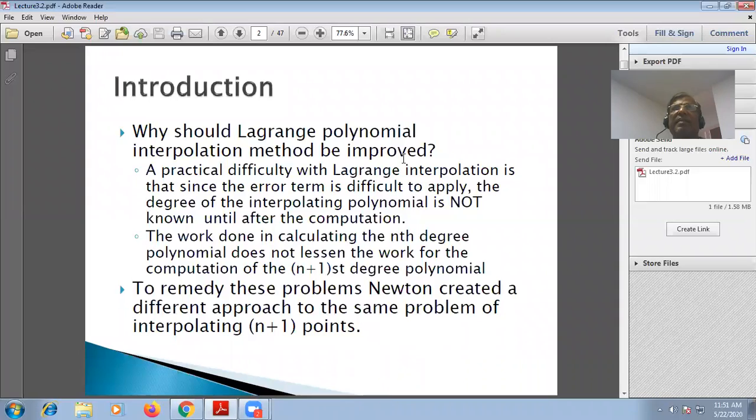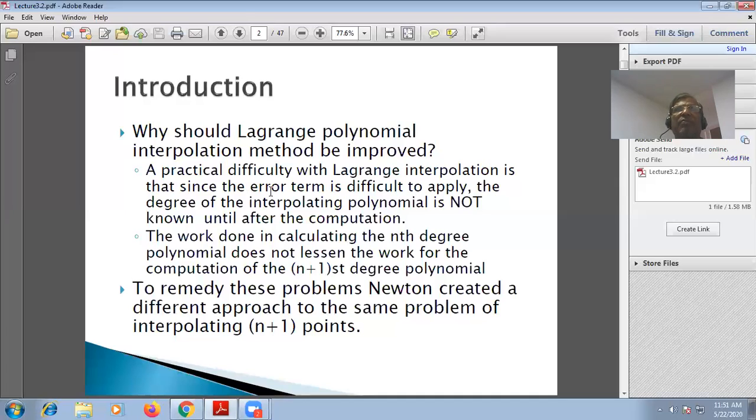The fact is, a practical difficulty with Lagrange's interpolation is that the error term is difficult to apply. The error term you will find by using Lagrange's interpolation can give you a little bit of pain to apply.